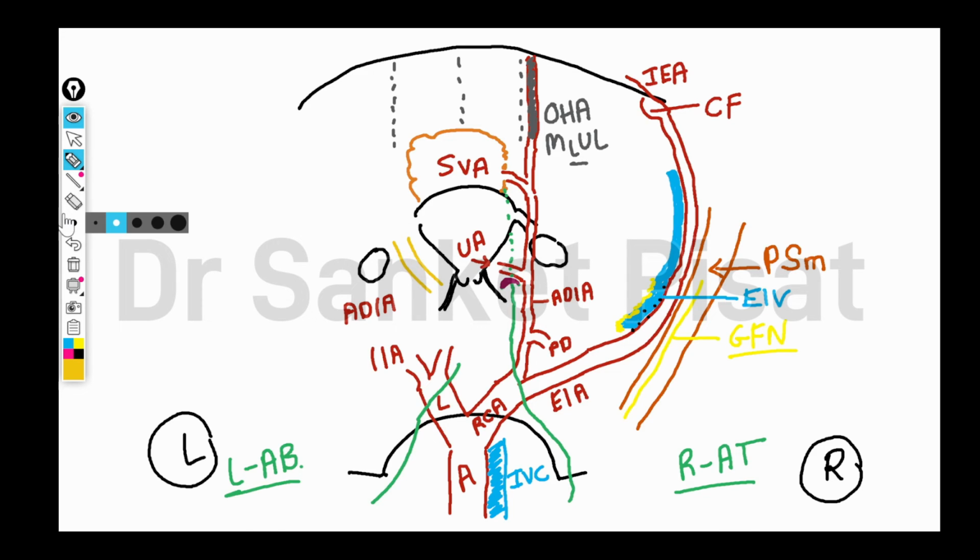So let's say this is the round ligament, the fallopian tube, and this is the tubo-ovarian ligament. The entire peritoneum is draped over these like a cloth put over various structures, and all of these structures lie underneath the peritoneal cavity.